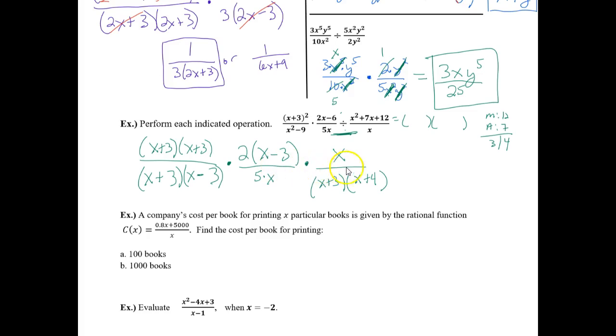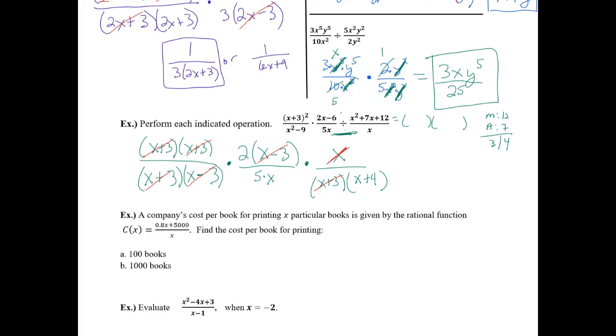Now this is all multiplication. It's okay that there's 3 rational expressions here because it's all multiplication. I look for things that divide out. X plus 3 divides out, and x minus 3 divides out. Another x plus 3 divides out.